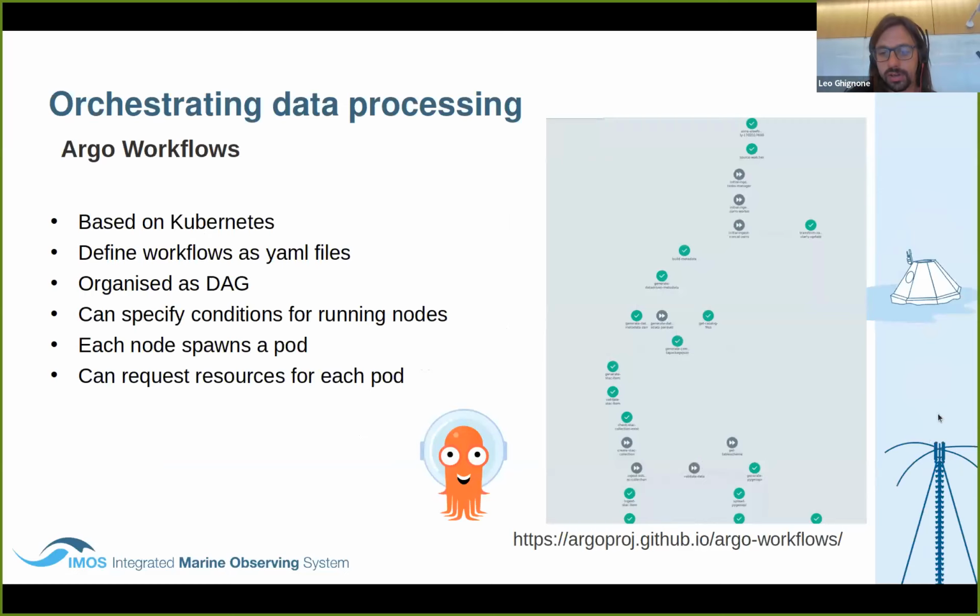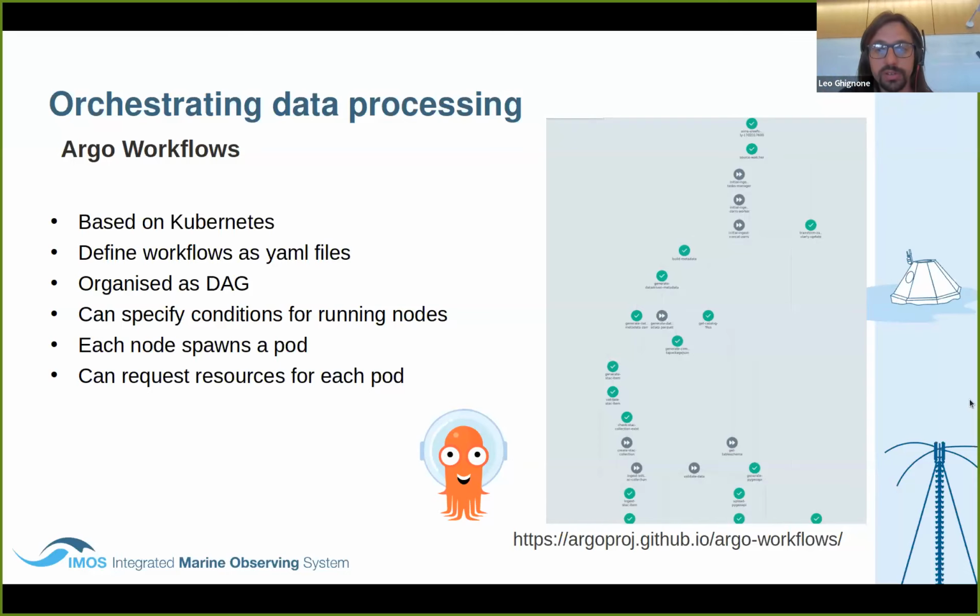Another tool that we're using, that I didn't know before starting this project and have grown to kind of like, is Argo workflows. We are managing all of our processing on the cloud. We are using Kubernetes to spin up the pods with containers to do all the separate steps of processing.